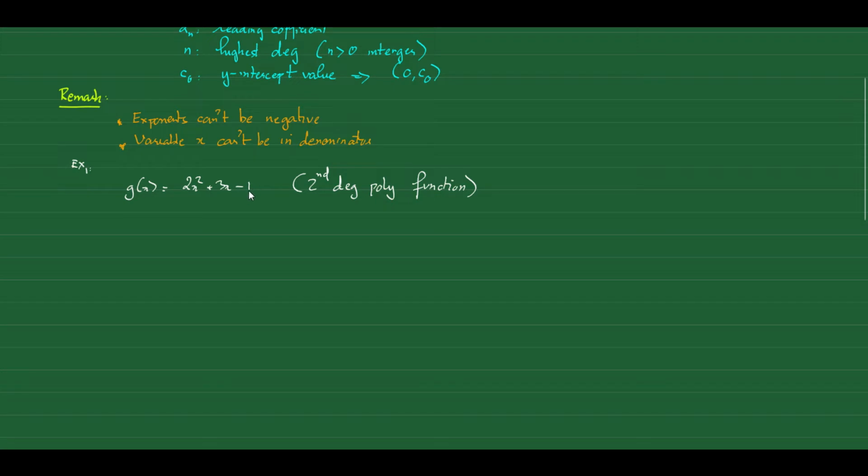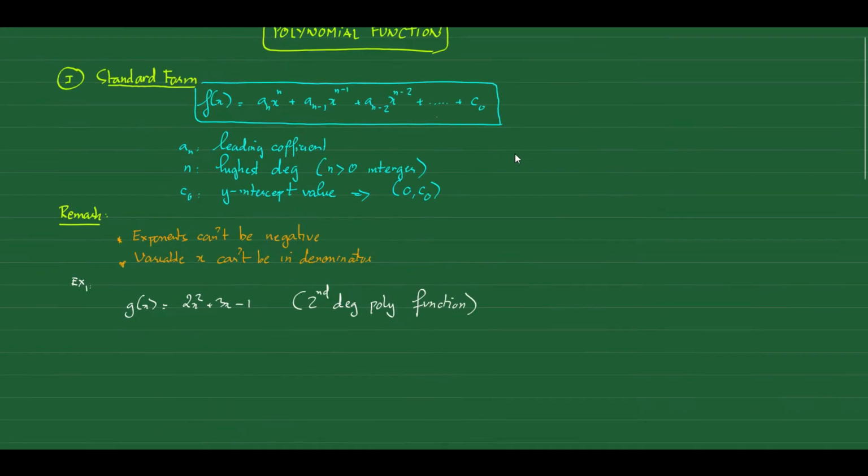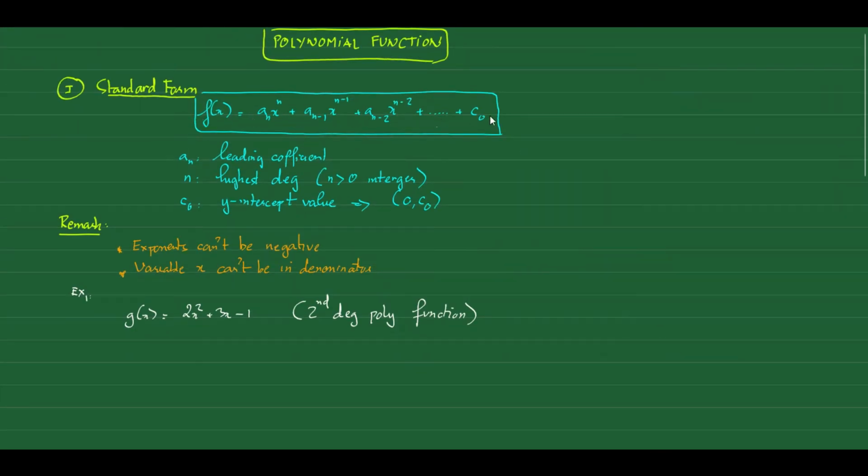This is the c sub 0 right here. And all of this is the leading coefficient. Because the second degree contains three terms, that's why we call this the full standard form. So this form is full if it contains all the terms.